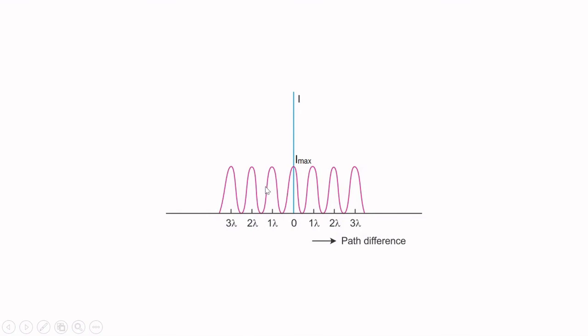So whether it is dark or bright, the intensities of the bright fringes remain identical, as well as the dark fringe intensity remains identical.